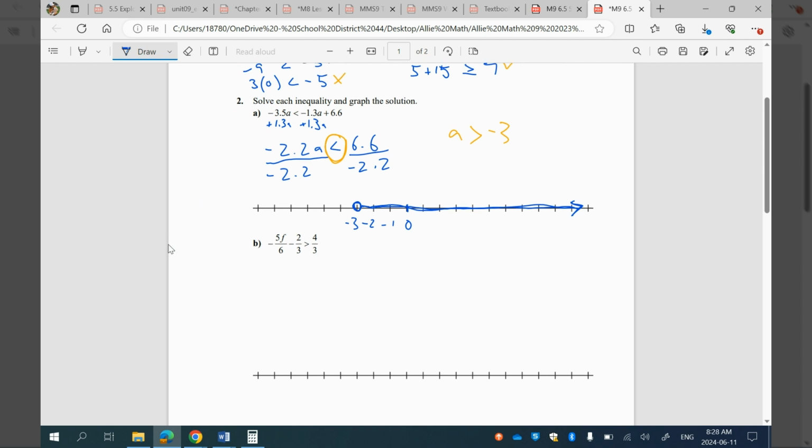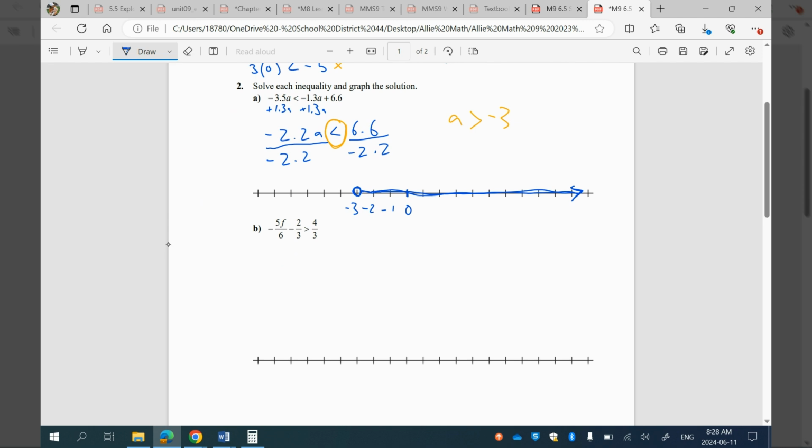We have a bunch of fractions. So I'm going to suggest multiplying by a common denominator. Looks like the first number that all of these go into is 6. So I'm going to suggest multiplying each side by 6. Okay, so you're going to distribute.